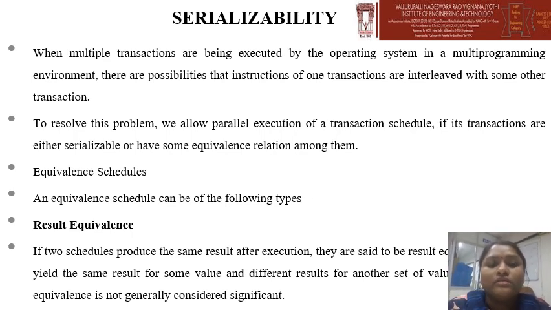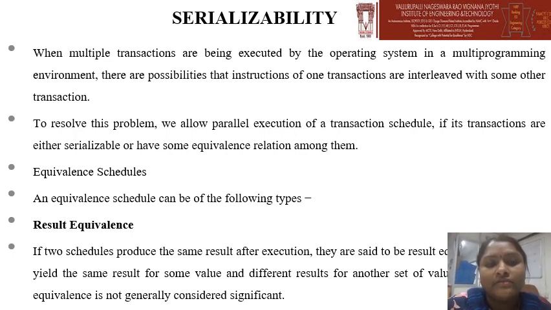Next is how to overcome these conflicts. We have a concept called serializability. Serializability means we must ensure that all the transactions are performed as if serially. When a transaction is being performed, we don't know whether it is going to perform serial or non-serial.